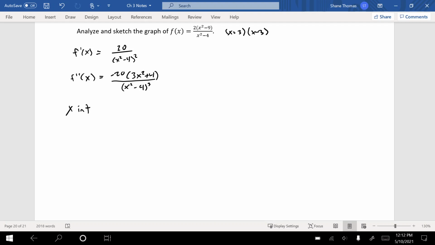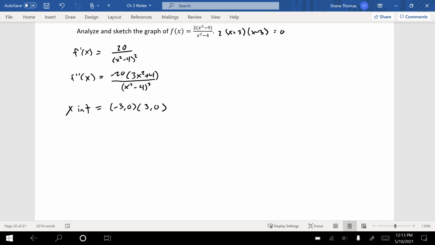Set them both equal to 0. So after you do all that, you end up with the points (3, 0), (negative 3, 0), and... that's your x-intercepts. And all I did was take the original equation, set it equal to 0, and solve. Very top one, yep.